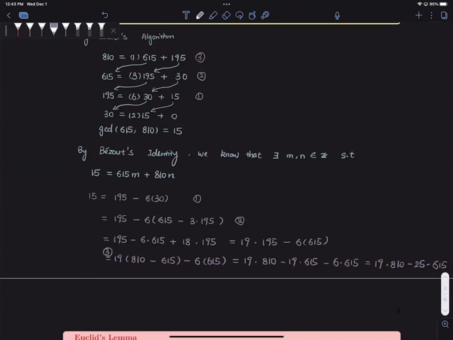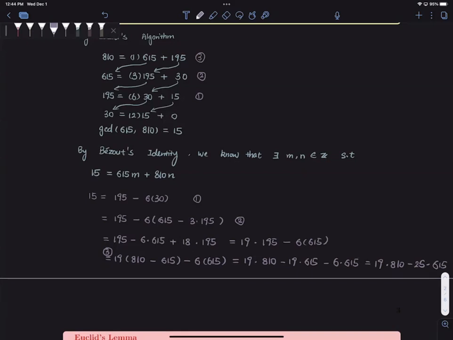Otherwise, you might lose marks. They created this, so you should give them credit. Otherwise, it's plagiarism. It's not really plagiarism, but you should give them credit because they figured it out.